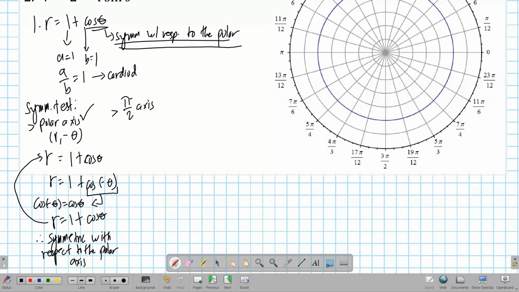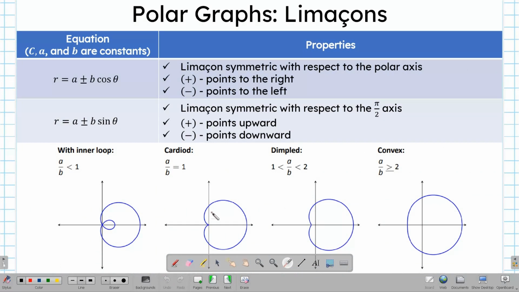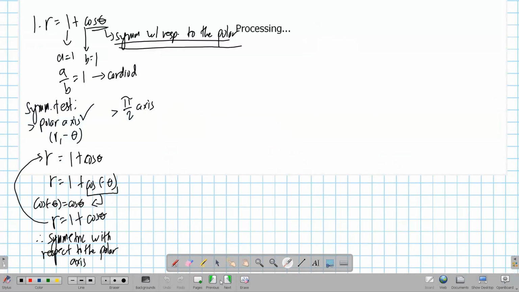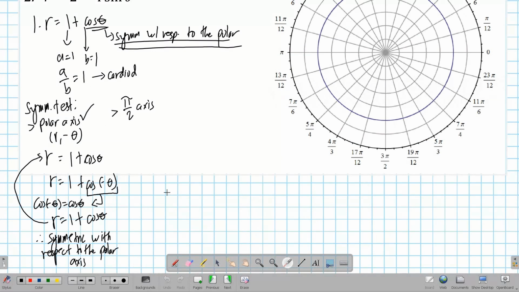Now, let's check if it is symmetric to the pi over 2 axis. Although if you check the previous slide, a cardioid doesn't seem to be symmetric with respect to the pi over 2 axis. So let's check that. For the pi over 2 axis, the first thing we need to do is check if replacing r, theta with negative r, negative theta gives the same equation. Take note that we have already replaced theta with negative theta, which gives 1 plus cosine of negative theta, and that makes the computation easier.